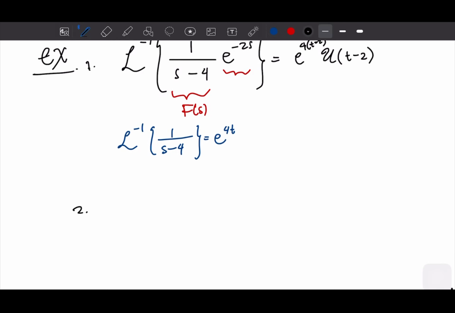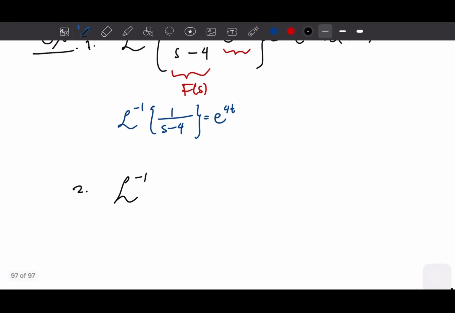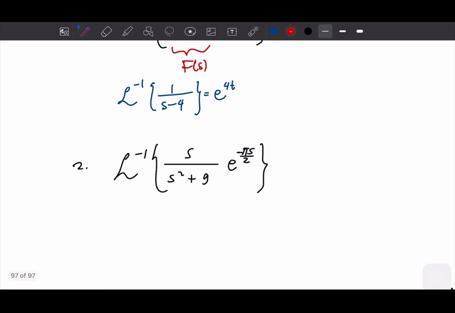Number 2, let's say we have the Laplace inverse of s over s squared plus 9, multiplied with e to the power of negative pi s over 2. Now, as usual, we try to identify first: a is pi over 2, and this will be our f.